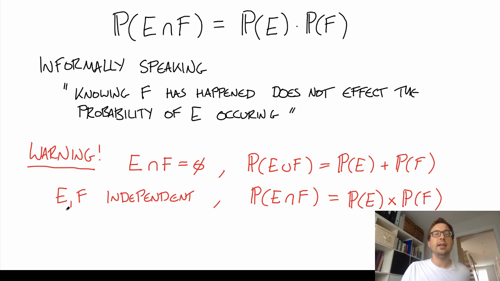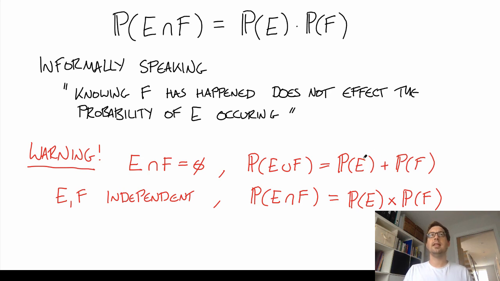Independence is saying, if E has occurred, it doesn't affect the chance of F occurring. Okay, it doesn't change the probabilities. Okay, independence leads to a multiplication of the probability of E and F. Okay, whereas two events being what we call mutually exclusive means that if we look at the union of those, we do addition. Okay, so there's two separate ideas.